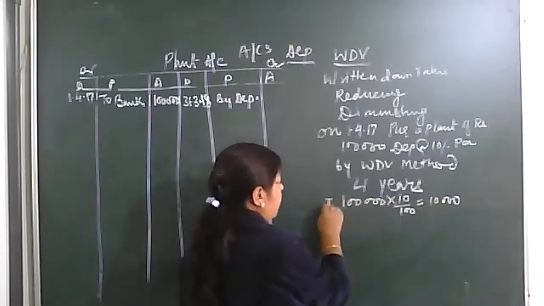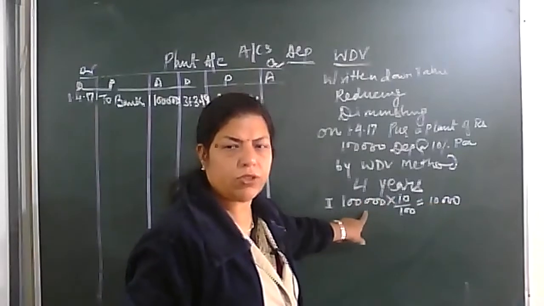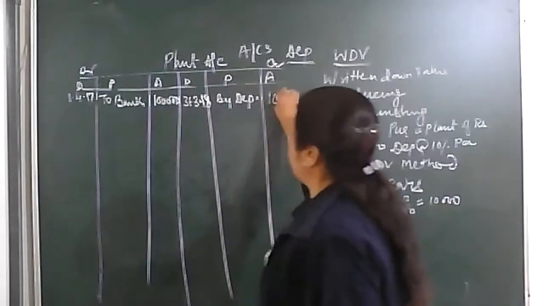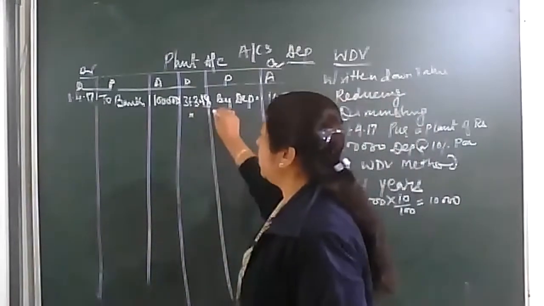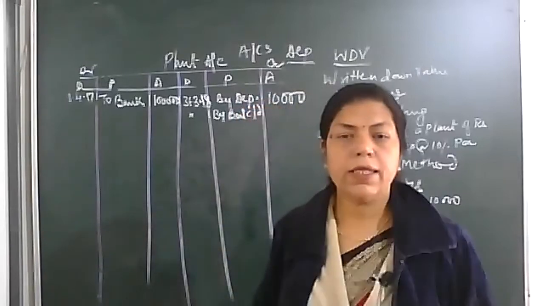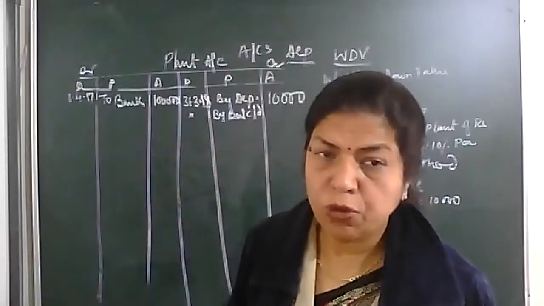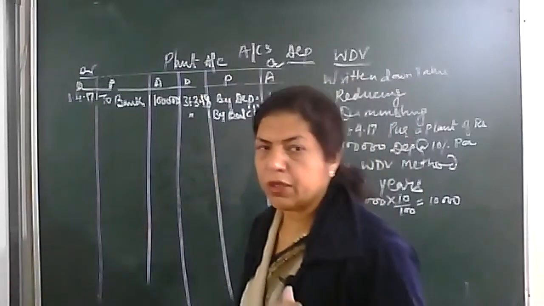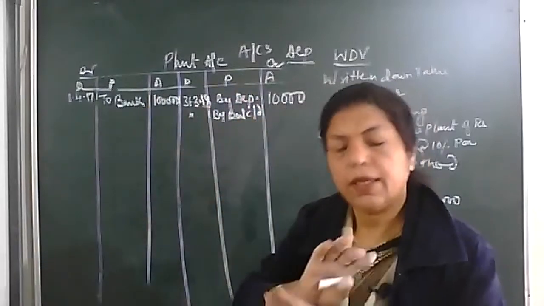This is the first year, so here we will write 10,000. Now, same date, by balance CD. Balance CD means balance carried down; in a few books it is written CF, carry forward. So 1 lakh minus 10,000, that is 90,000.